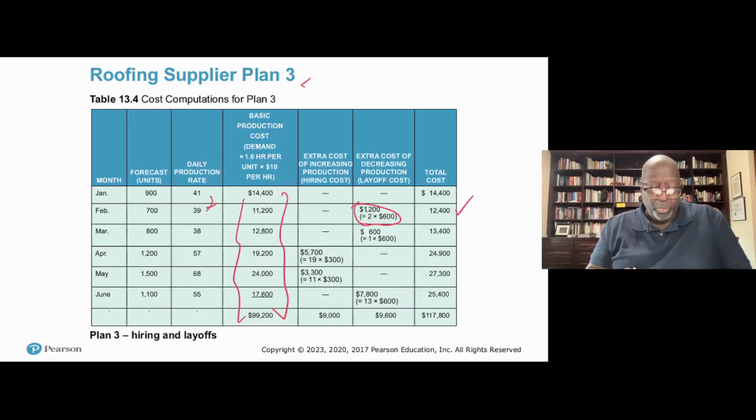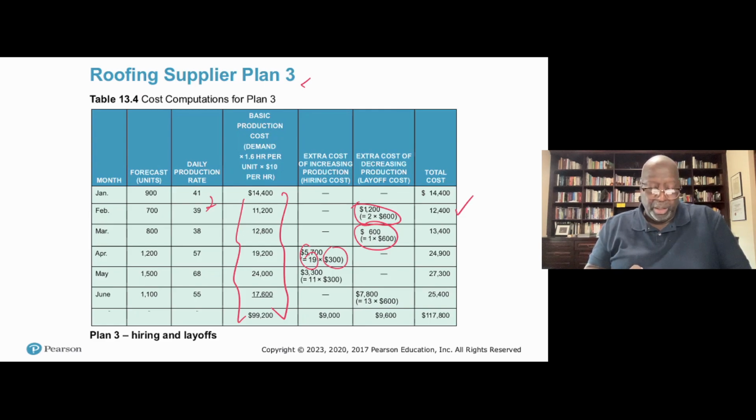And then we're laying off one more person. Then again, we have another 1 times 600. Then we go from 38 to 57. That's 19. So now we multiply training costs 300 times 19 to give us 5,700.